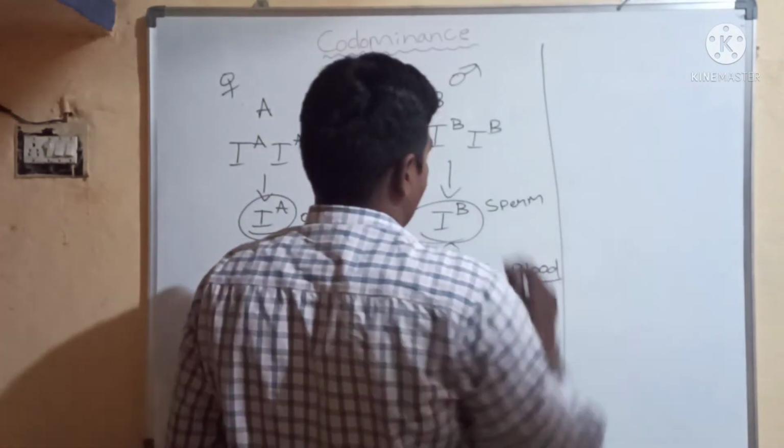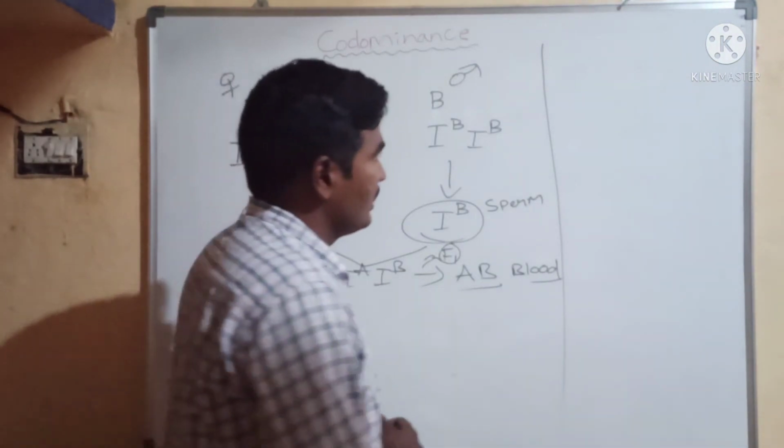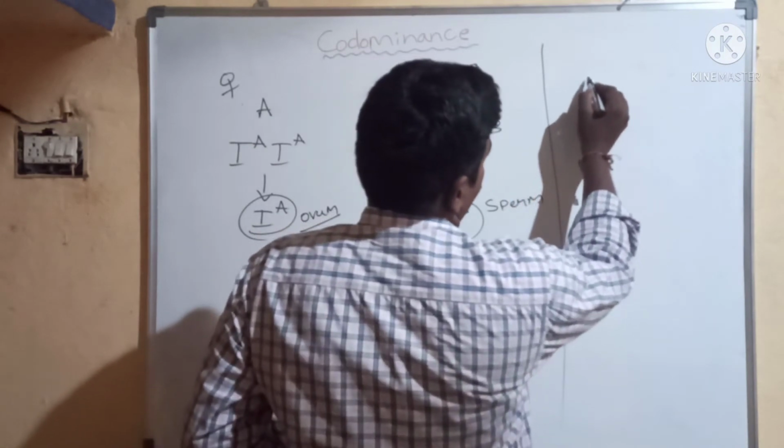Now during gamete formation, IA and IB can release the gametes.